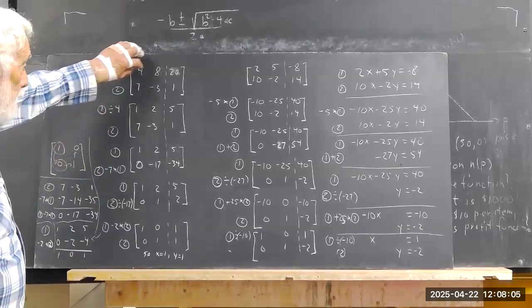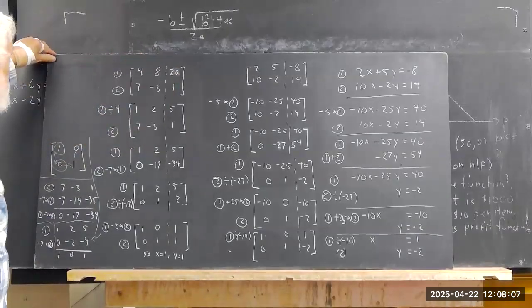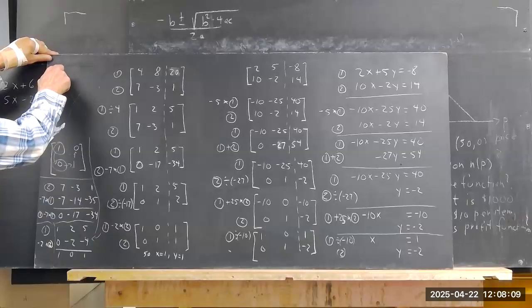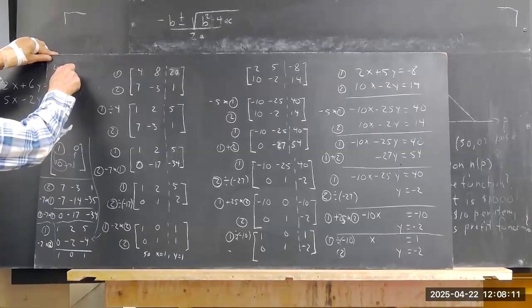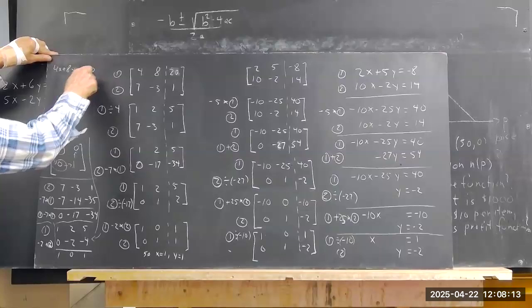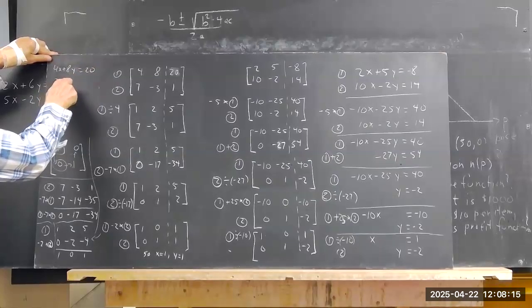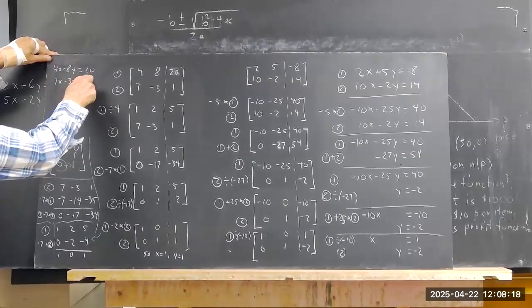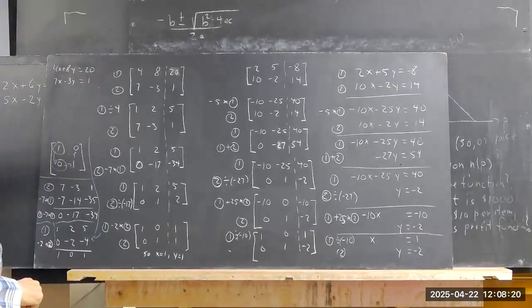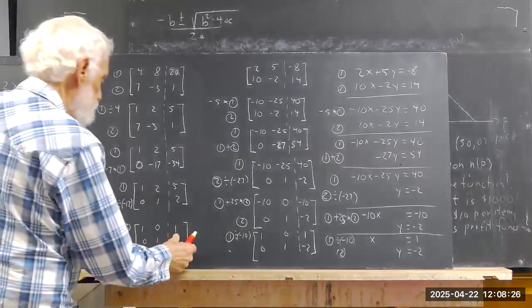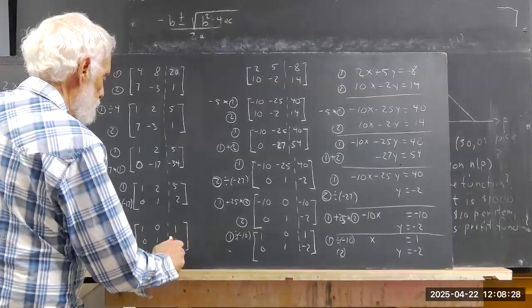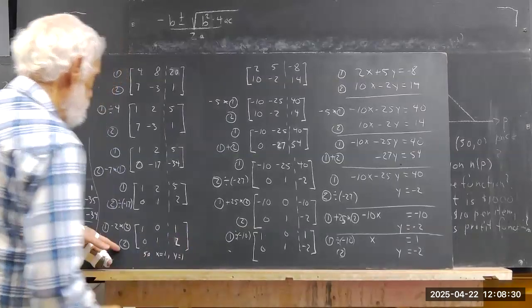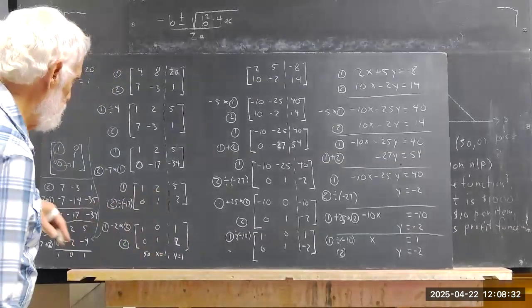Now, if I write down the equations here, it's 4x plus 8y equals 20, and 7x minus 3y equals 1. I didn't write my second row down correctly. Row 2 is here at 0, 1, 2.